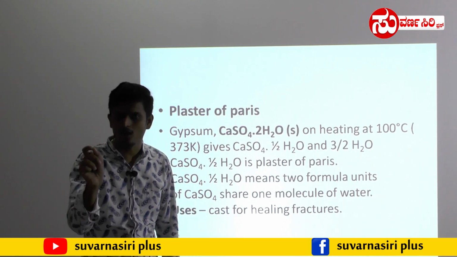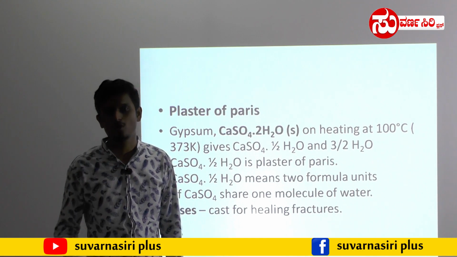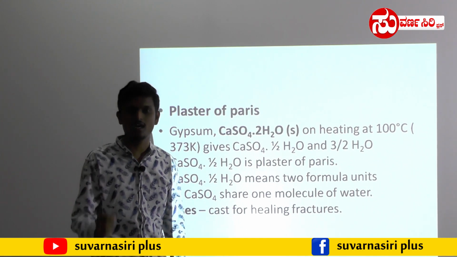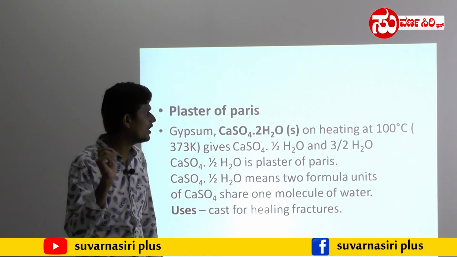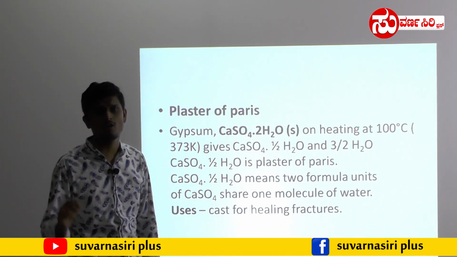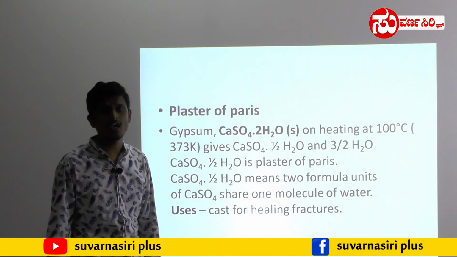You have to put a dot, then write 10H2O, that is the hydrated one. It contains water molecules. So washing soda also has a lot of applications in our day-to-day life.